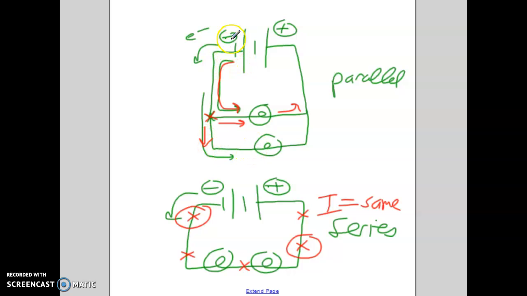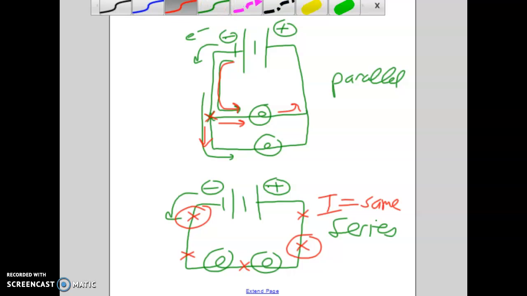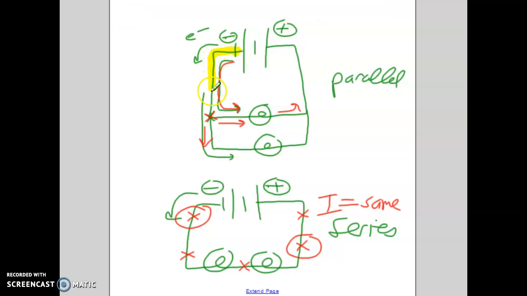Let me use a different color here. At this point, before this fork in the road, all of the electrons are together. And over here, after the fork in the road is finished, they come back into one and rejoin the same circuit.